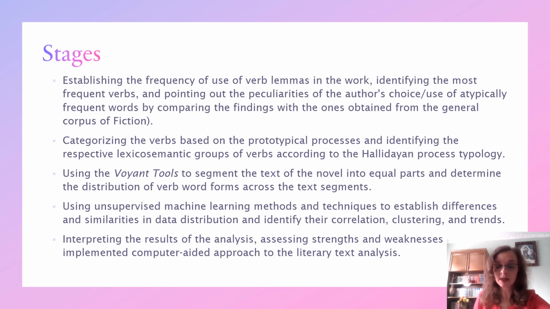The Voyant tool is used to segment the text of the novel into equal parts and determine the distribution of verb forms across the text segments. Then we use unsupervised machine learning methods and techniques to establish differences and similarities in data distribution and identify their correlation, clustering, and trends. Finally, we interpret the results of the analysis and attempt to assess its strengths and weaknesses.